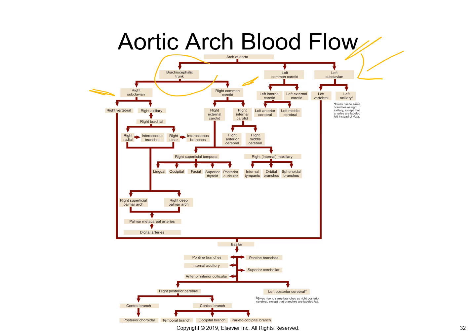So the left subclavian artery and also the right subclavian artery are what we're interested in as far as supplying blood to our upper limbs. They run down the arm and they become the axillary arteries, the brachial arteries, and the radial and ulnar arteries.